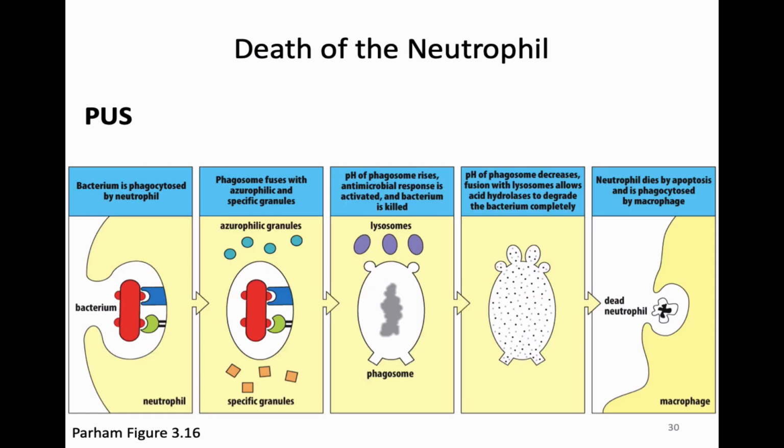One thing that is really unique about our neutrophil is that our neutrophil is quite short-lived. We talked a little bit about both macrophages and neutrophils in this class, and what you will notice is that they have some similarities and differences. Both of them are able to do phagocytosis and destroy microbes.